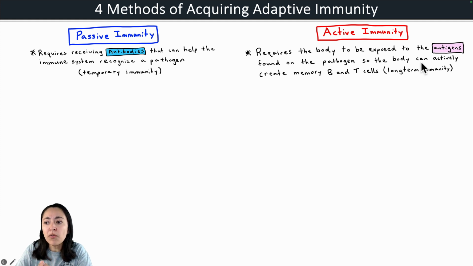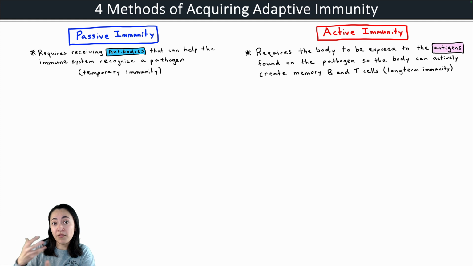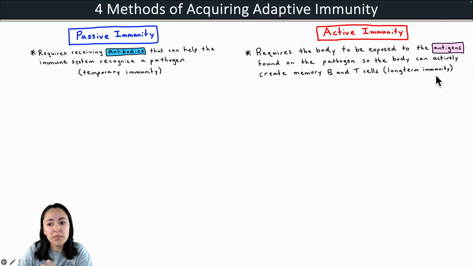This will therefore allow our body to actively create memory B cells and T cells. And these memory B cells and T cells provide a memory of that pathogen in our body and therefore provide long-term immunity because B cells and T cells can exist in our bodies for decades.